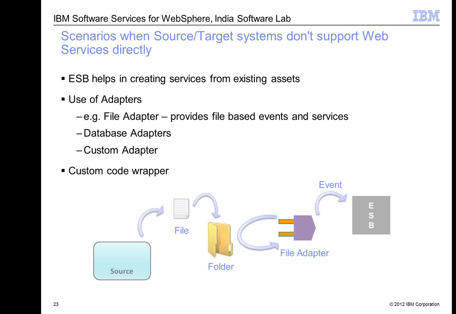And if you don't want to develop an adapter, then you can write a small piece of code which will call the APIs of the source system or the target systems internally and expose that custom code as a web service by using a web service wrapper. So Enterprise Service Bus has those kinds of capabilities. So rather than making source system and target system call each other by using their APIs, we make them expose themselves as services and make them participate in the service-oriented integration.